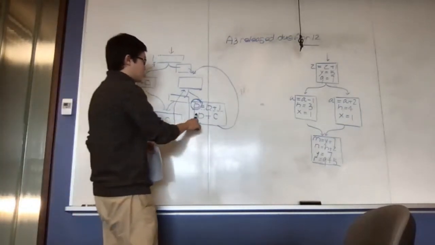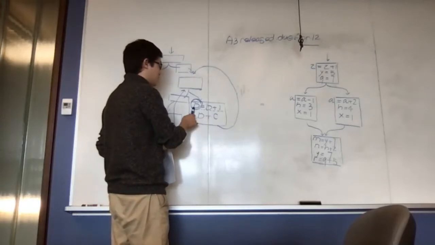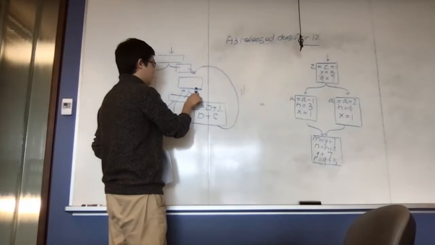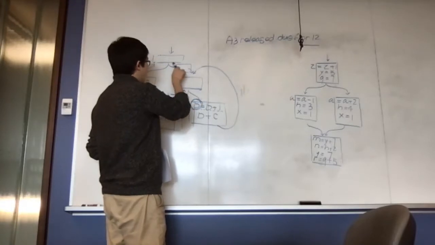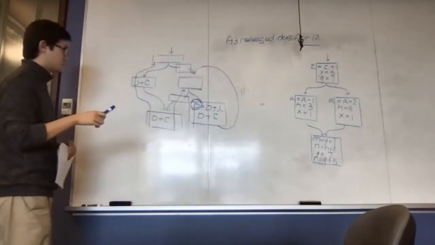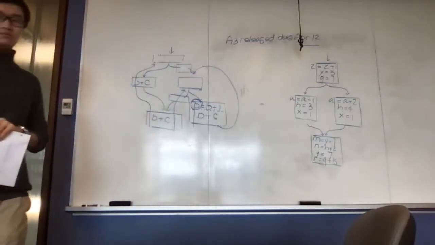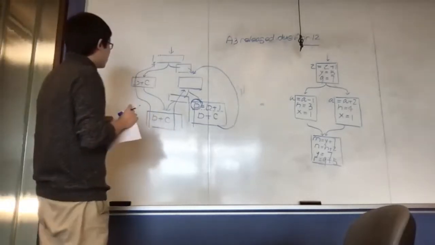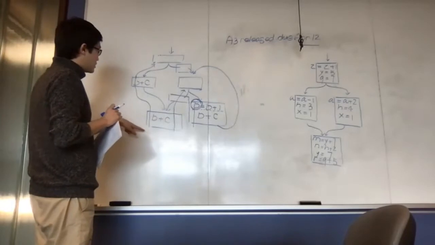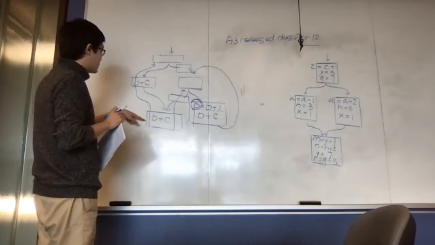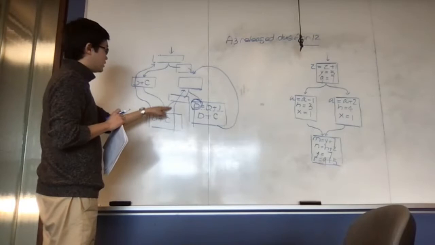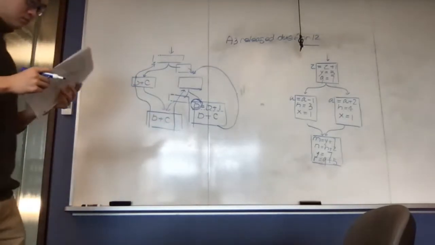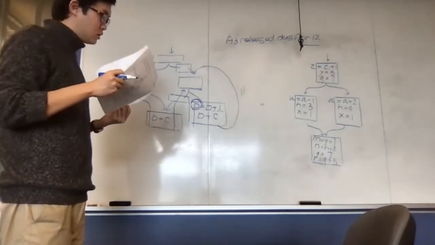Because expression b plus c is no longer anticipated starting from this program point onwards, expression b plus c is not anticipated here, and therefore not here as well. We therefore conclude that the anticipated region for b plus c is here and here. Any question?